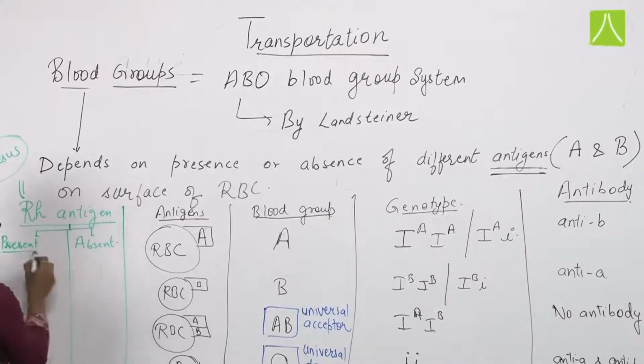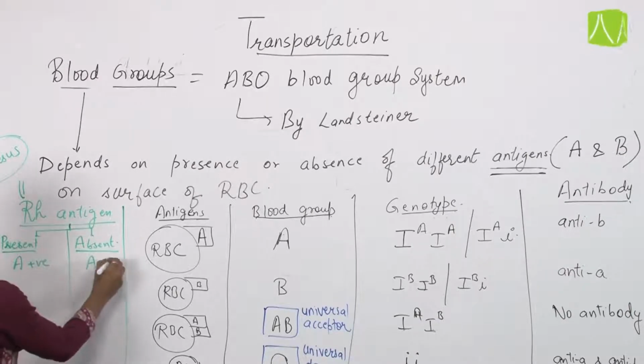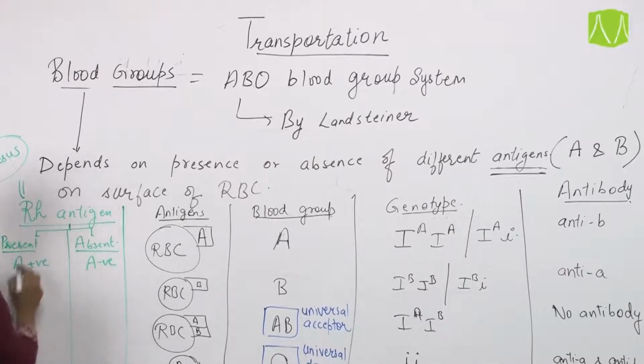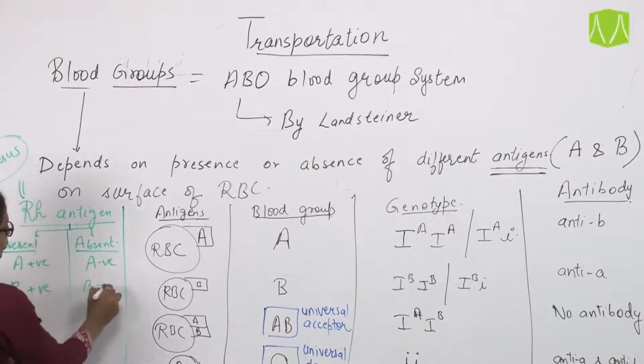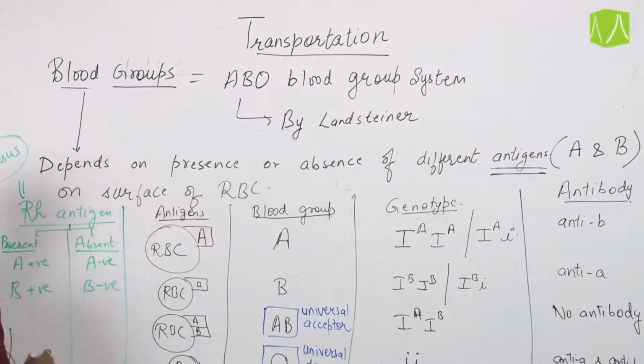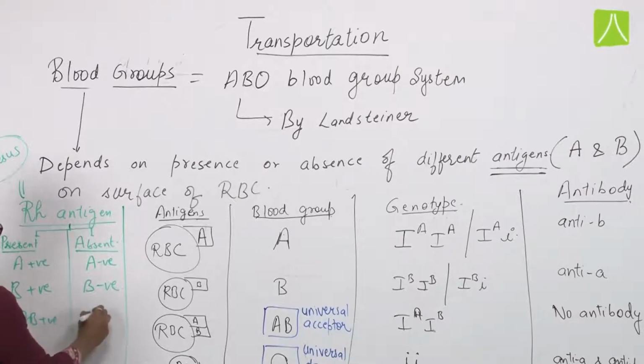So, if it is present, the blood group is A positive. If it is absent, A negative. If it is present, B positive. If it is absent, B negative. If the RH antigen is present along with the RBC, then the blood group is AB positive, and if it is absent, AB negative. Similarly, O positive and O negative.